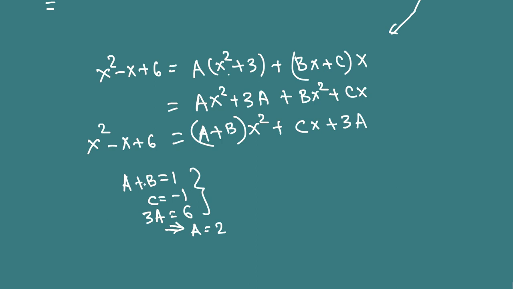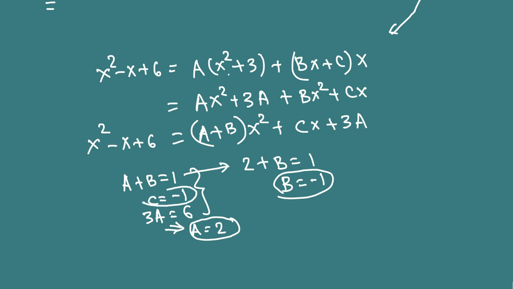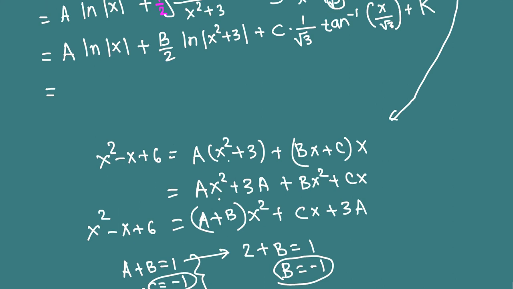Now b: a is 2, so 2 plus b equals 1, so b equals 1 minus 2, negative 1. So a is 2, b is negative 1, and c is negative 1. Go back, plug those in.